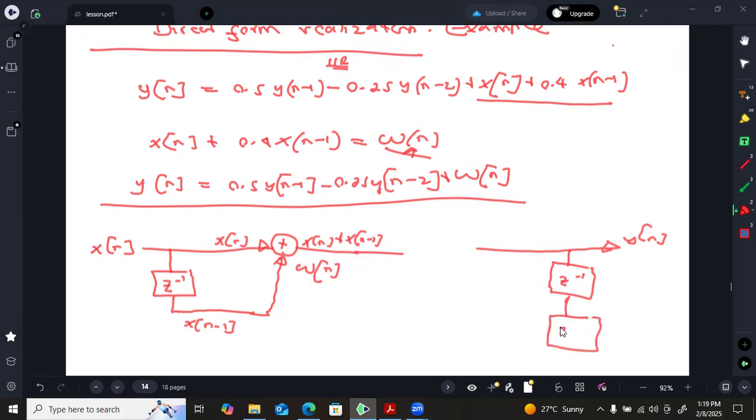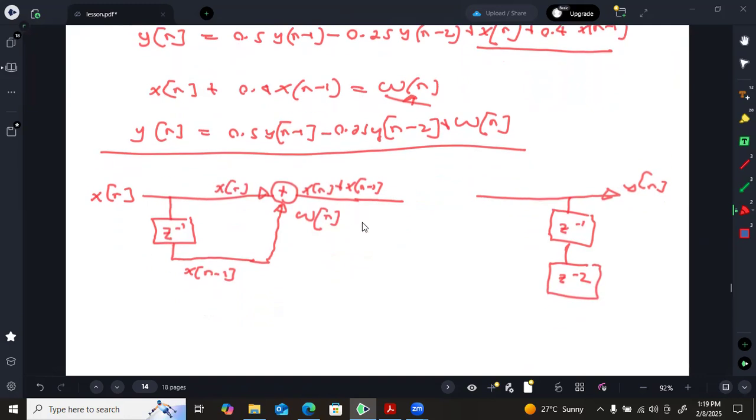Second delay, z minus 2. So that here I can have y of n minus 1, and here I can have y of n minus 2. Then I can add this. I need this and this.